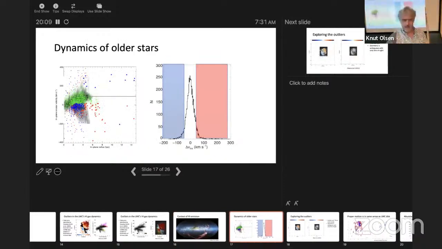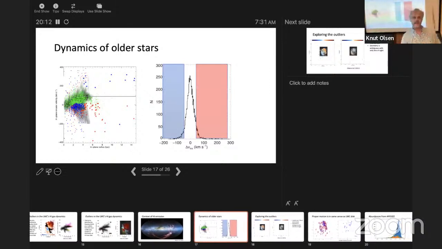Now, something else that we did, also a few years ago: looking at the older stars, not just the young stars. These are mostly APOGEE red giant stars.